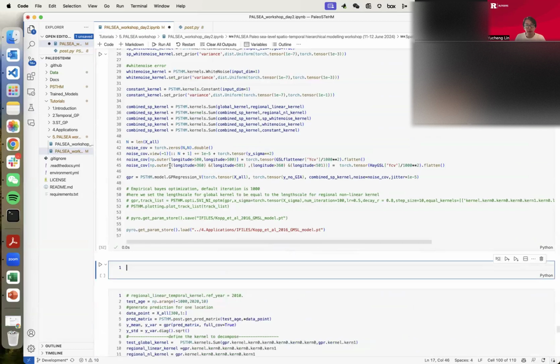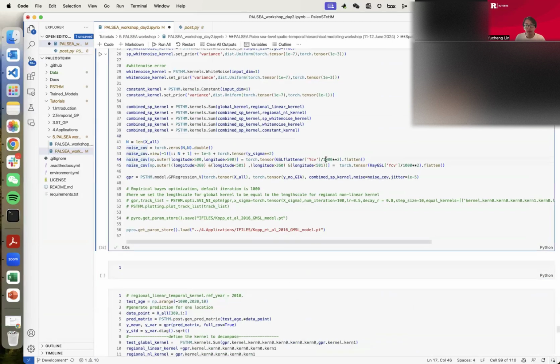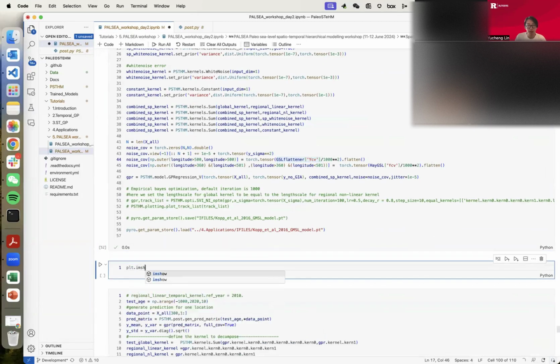This is the flattener covariance function.